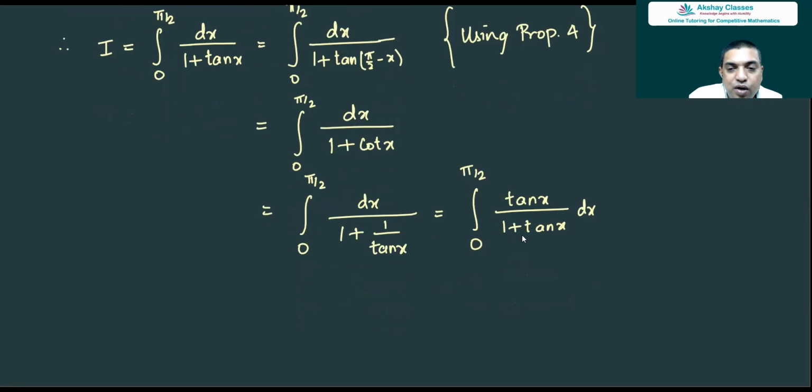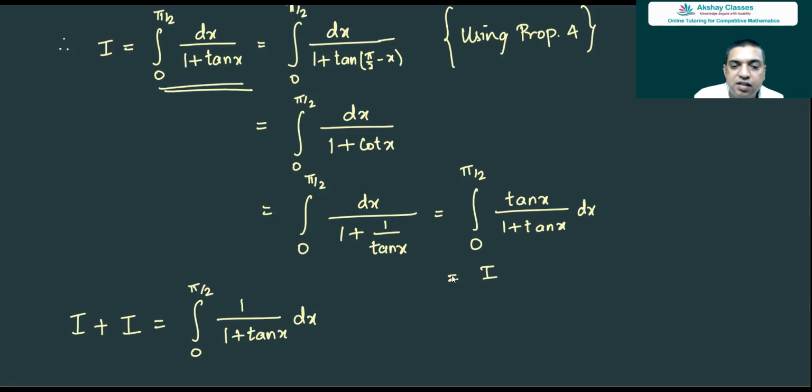So this is also I. This portion is also I. I'll do I plus I. When I do I plus I, I get integral 0 to pi by 2 of 1 upon 1 plus tan x, the first integral here, and the second I will write as 0 to pi by 2 tan x by 1 plus tan x.